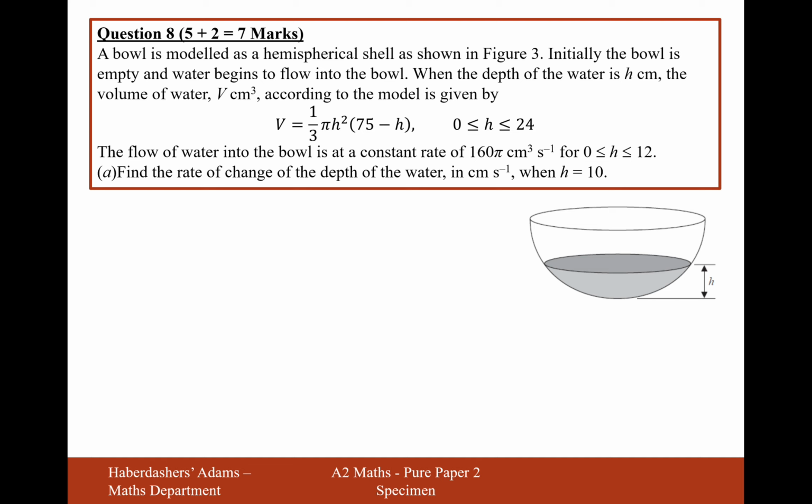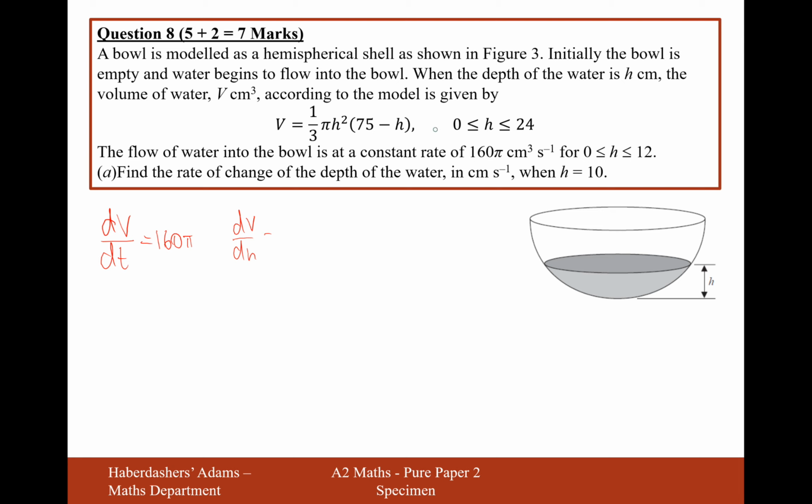Okay, so we need to now combine two different rates of change. The rate at which the water is flowing into the container, dV by dt, is going to equal 160 pi. We could work out dV by dh by differentiating this.